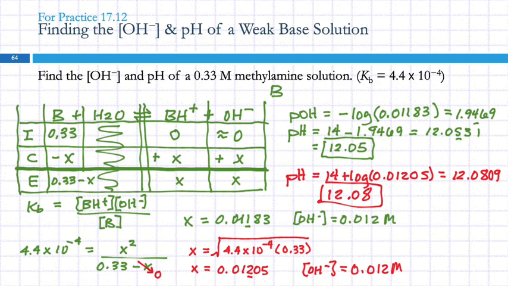Pardon me? Where in the logarithm? That's a great question. So the logarithm there is because I need to calculate pOH. So pOH is the negative log of our hydroxide ion concentration. And then I'm going to take the pH and I'm going to subtract the pOH. So when I wrote it here, I kind of put those two steps together.